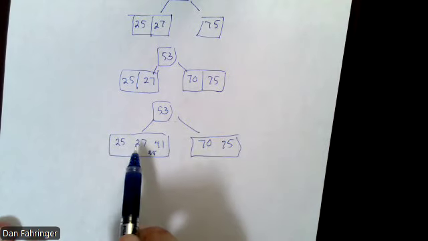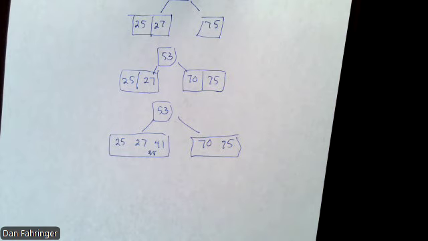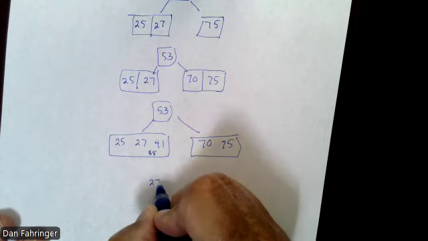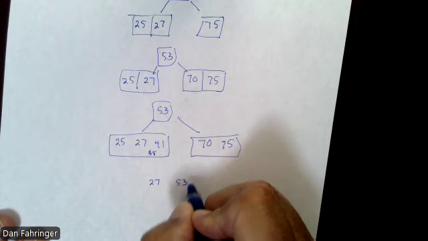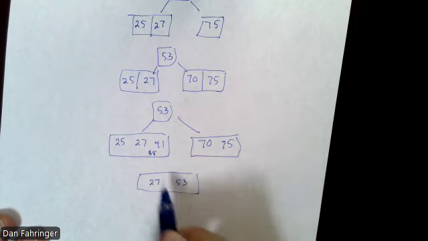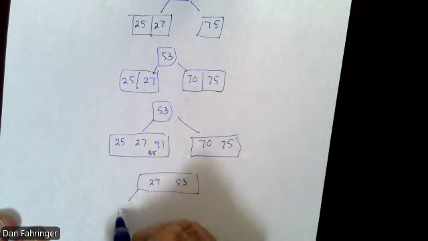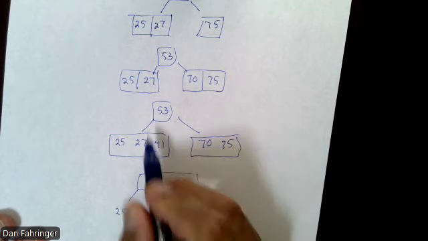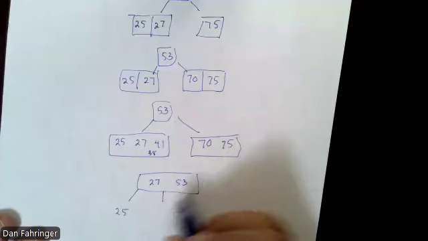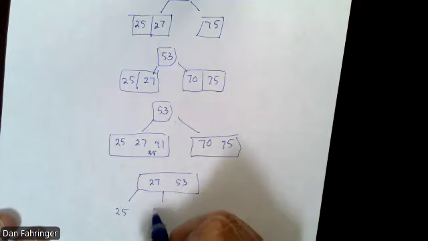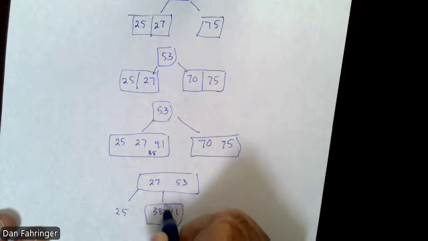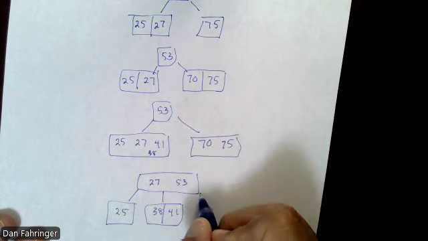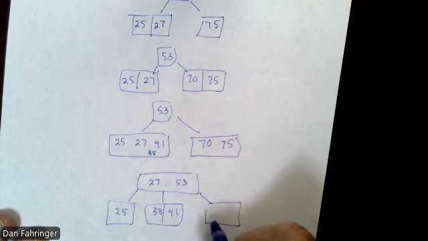So now I'm going to split this and I send the 27 up. 27, 53. To the left of 27 was 25. To the right of 27 and to the left of the 53 is now going to be 38 and 41. And to the right of 53 is 70 and 75.